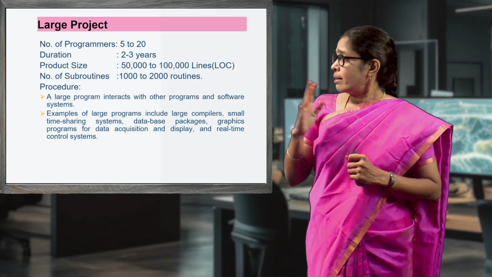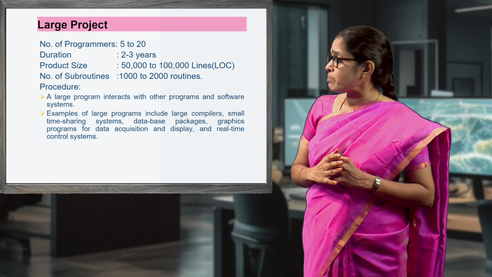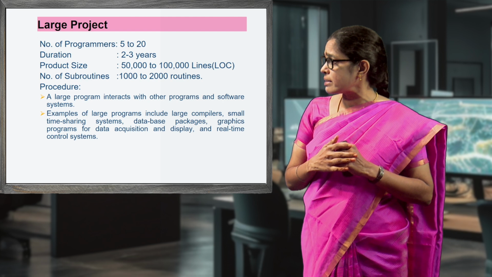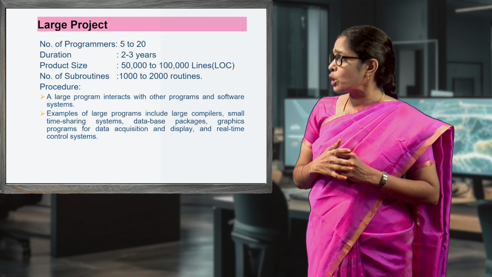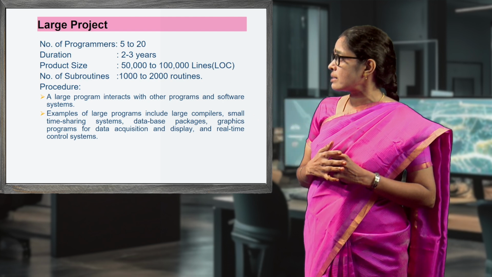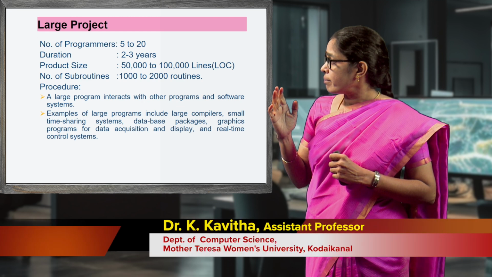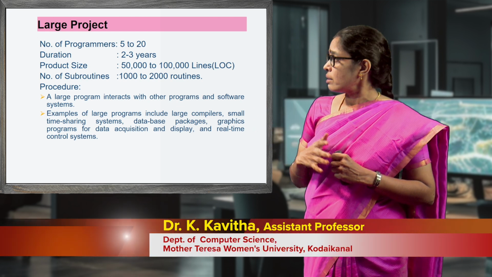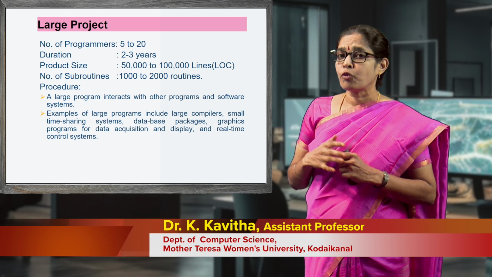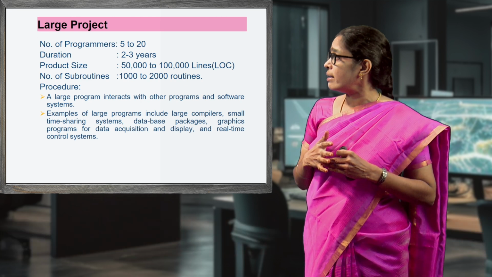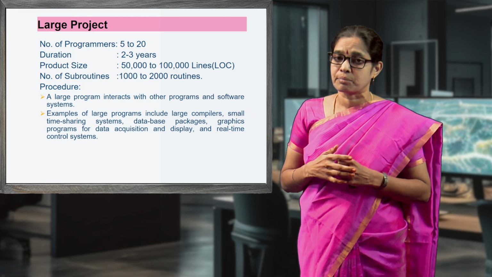So here a large program interacts with other types of programs and software systems easily. Examples include large compilers, small time sharing systems, database packages, graphics programs for data acquisition and display, and real-time control systems.